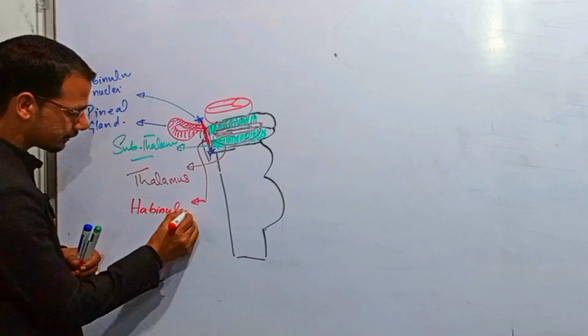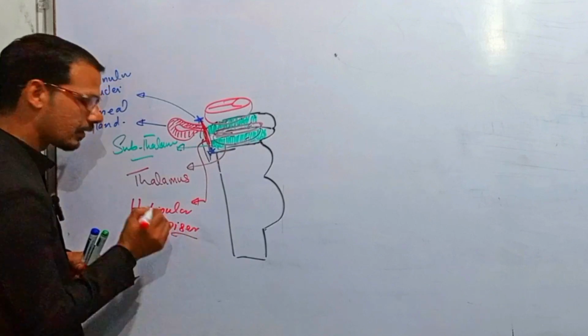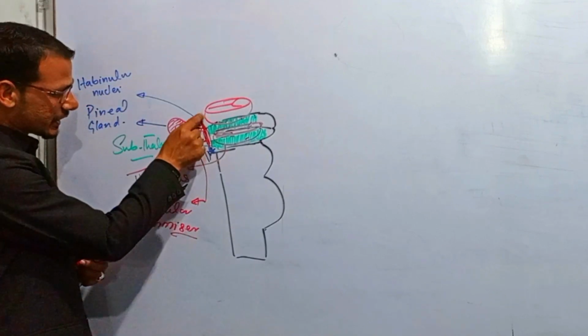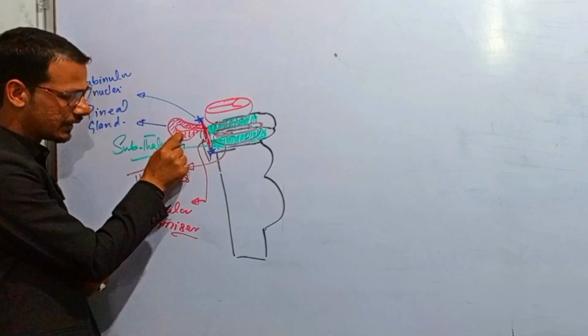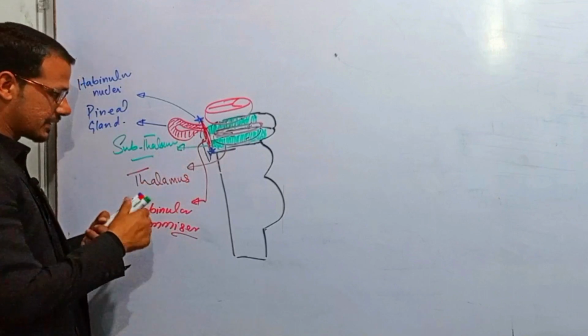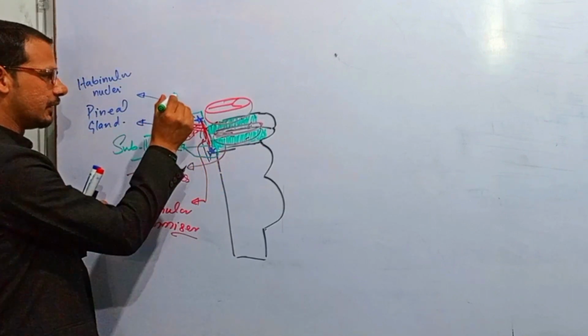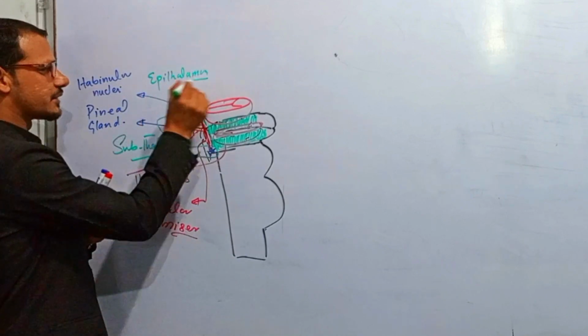Habenular commissure, pineal body, and two habenular nuclei, collectively this structure is called the epithalamus.